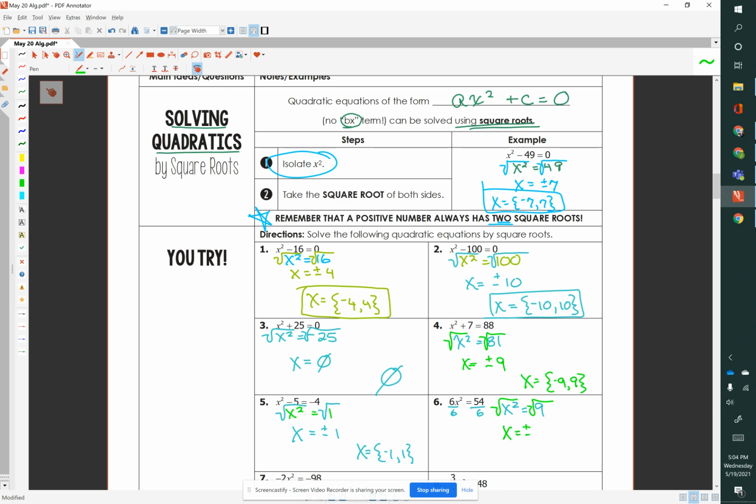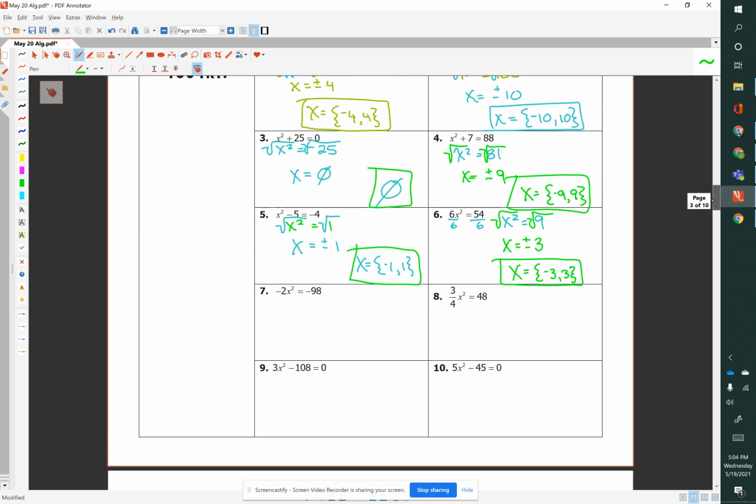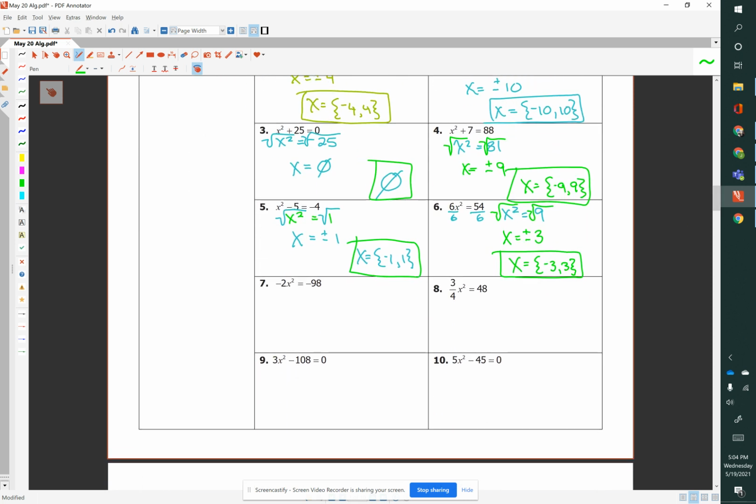So x would equal plus or minus 3, because 3 is the square root of 9. So let's write that in set notation. Okay, moving on down the page. Why don't you try 7 through 10 yourself and then come back to the video and let's see how you did.